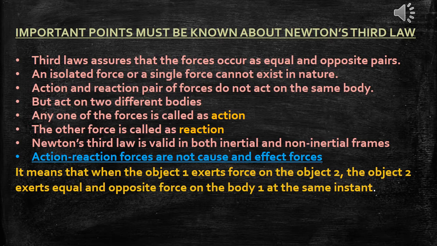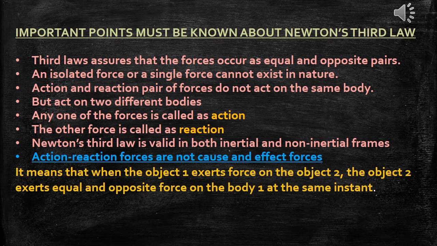These action and reaction forces are not cause and effect forces. In the case of Joule's law of heating, when current is passing through the wire, the current passing through the wire can be called the cause. But the production of heat in the wire can be taken as the effect. Here, there is a time difference between the passage of the current and the production of heat.